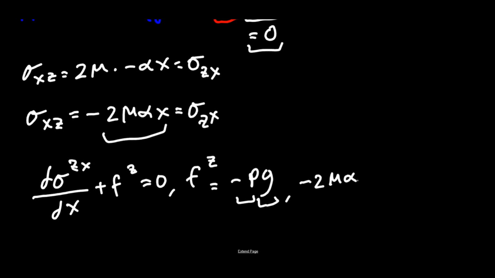And remember that mu and alpha are just constants. And then we're going to subtract rho g. And let's rearrange for alpha to look at the sag of it. So this is going to be equal to 0.